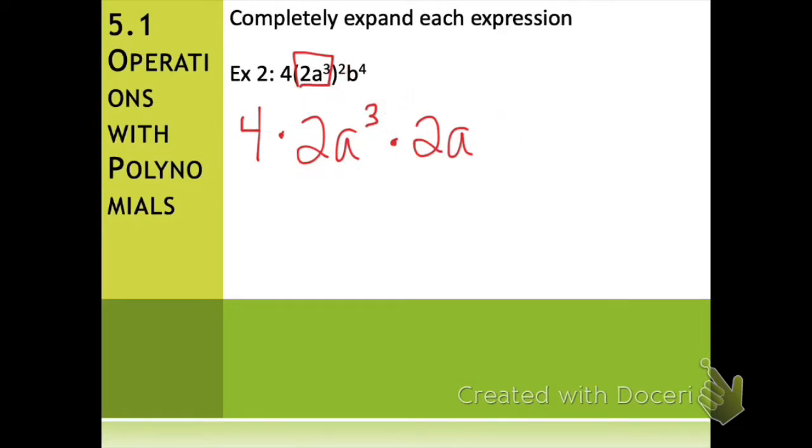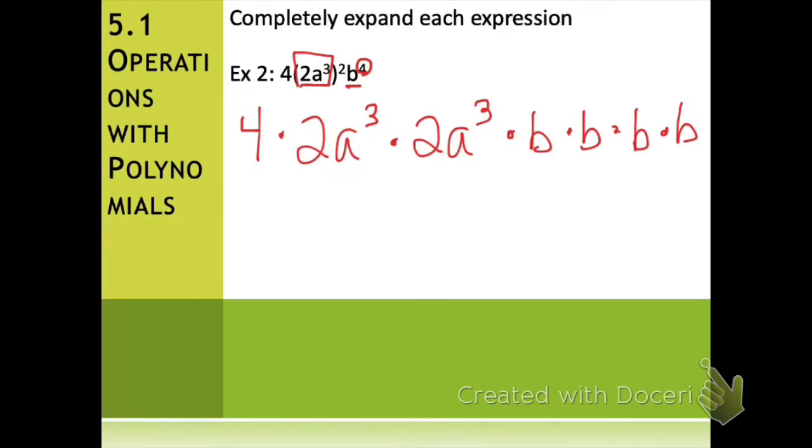Okay, next thing I'm going to do is expand this one. This b has a power of 4, an exponent of 4 attached to it. So I'm going to write times b, times b, times b, times b. Now, it's not technically completely expanded yet because I still have exponents attached to these a's.